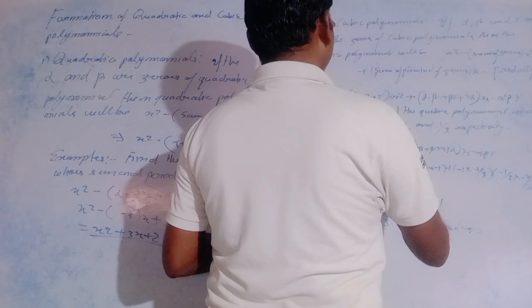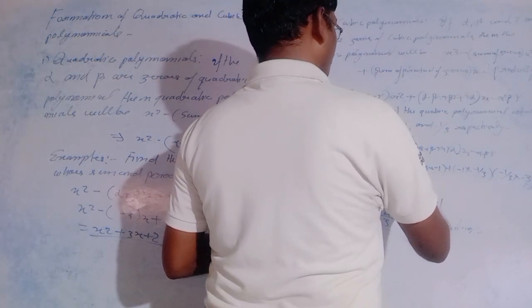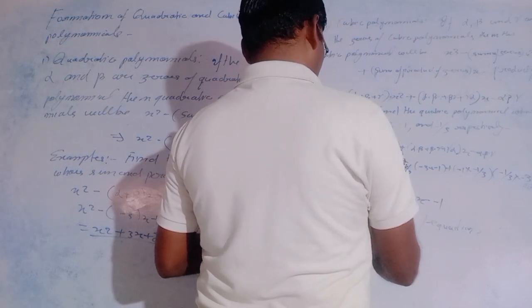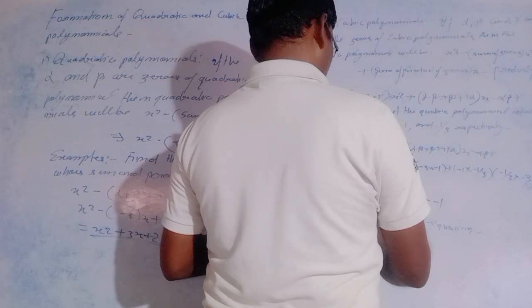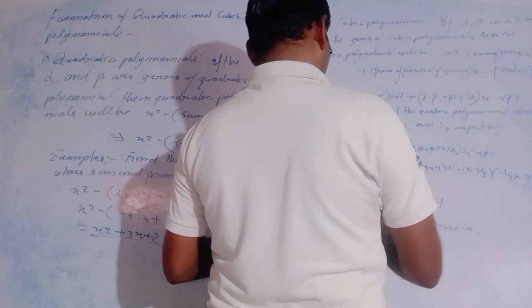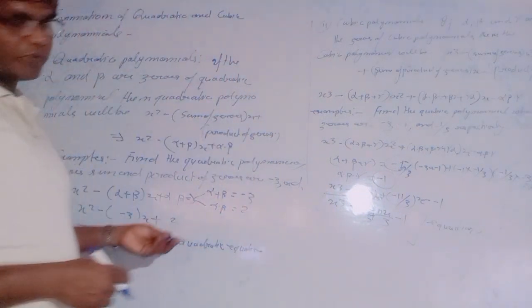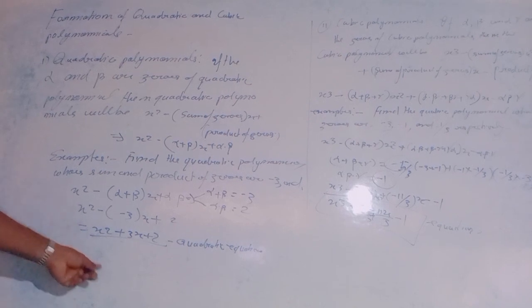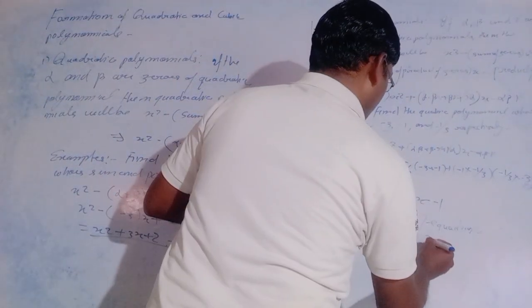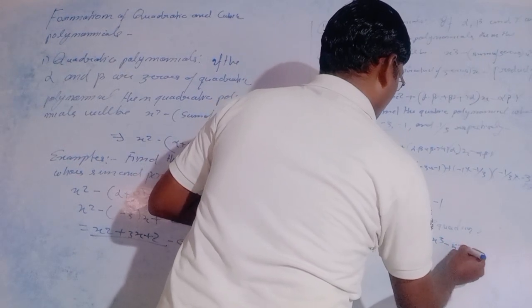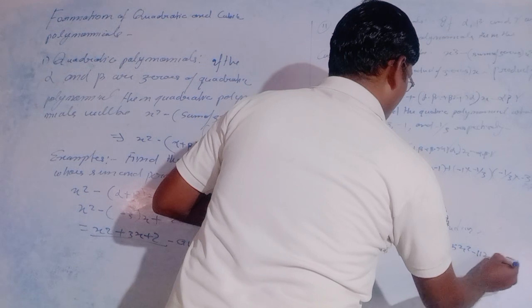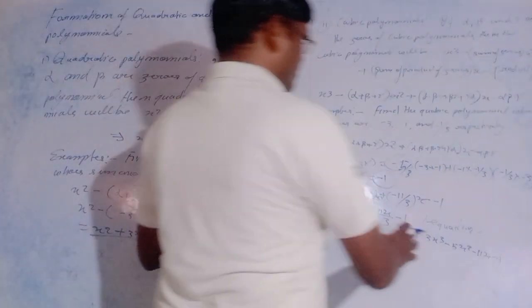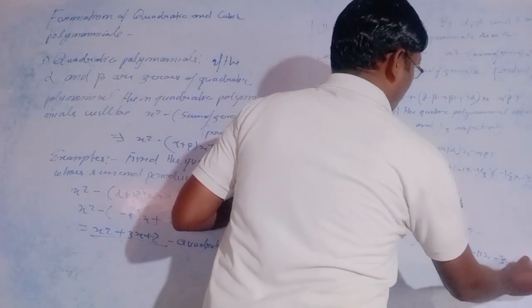After calculation, we get 5 by 3, then 5x by 3, and if we solve it, we will find the exact equation according to the question: 3x cube minus 5x square minus 11x minus 1. Okay, these are the answers we will find, with 11x, 3, 5 and 3. So these are the answers.